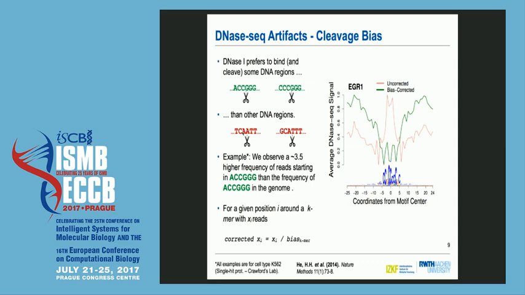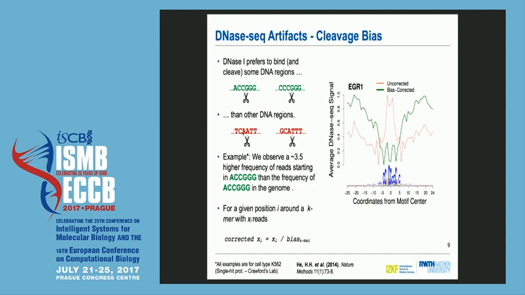This is just a very simple scheme of this problem. DNase, an enzyme that is used for this protocol, has a preference to bind to particular sequences. Here, for example, we know that DNase binds better things which have a CG in the middle than things which have an AA or AT.